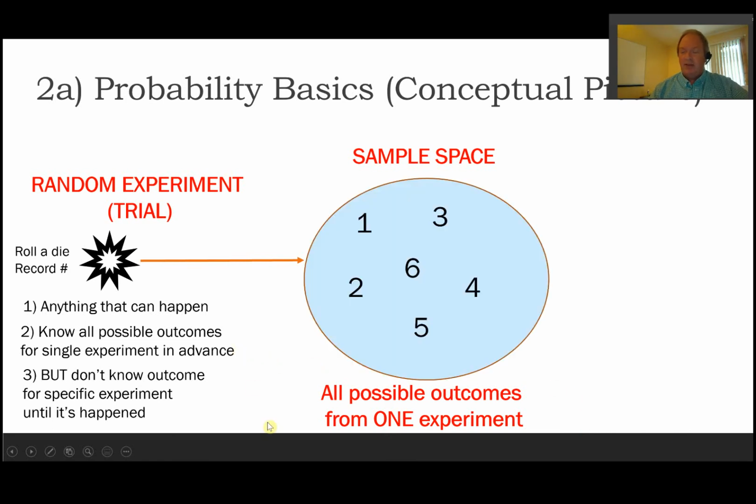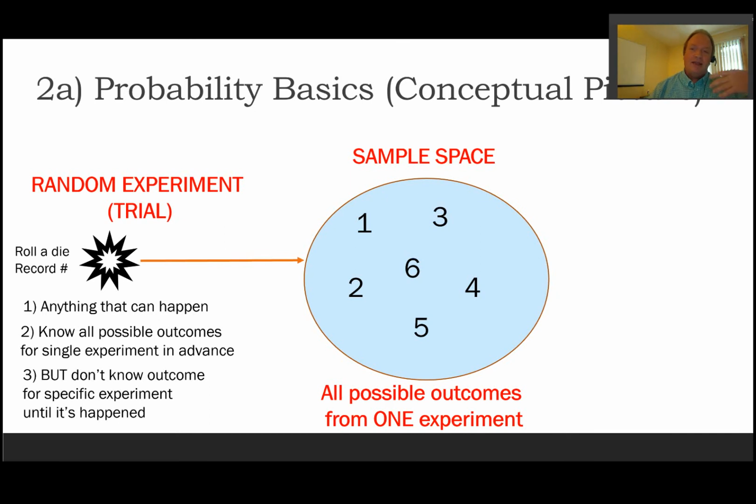In the case of the die, it's just the numbers 1, 2, 3, 4, 5, 6. So rolling a die is anything that can happen, and I know all the possible outcomes before I roll the die. However, I can't know what's going to happen on a specific die roll until it's performed. And if you ever figure out that last one, we'll go to Las Vegas and make a lot of money before the casinos bar us.